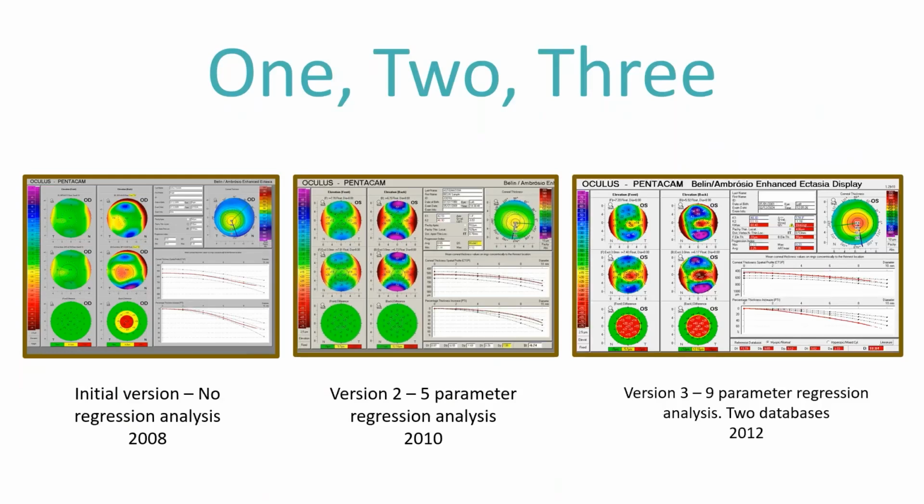That applies to all the individual parameters, but not the overall final D, which I'll discuss later. 2 years later, version 3, which is the version most of you are currently using, we improved on the regression analysis by adding 4 additional parameters. Now, all those parameters don't show up on the bottom of the display. You just can't fit everything there. But I will go over what we added.